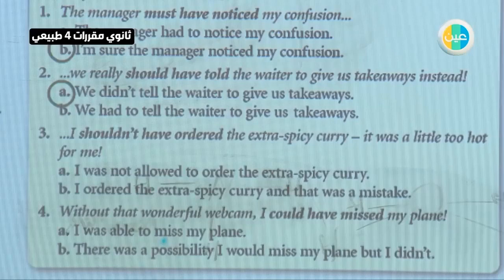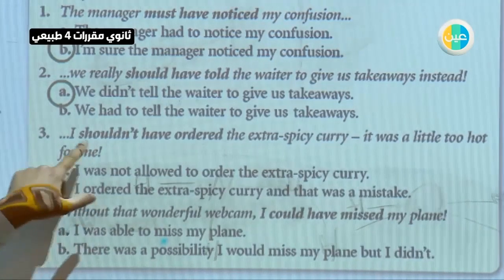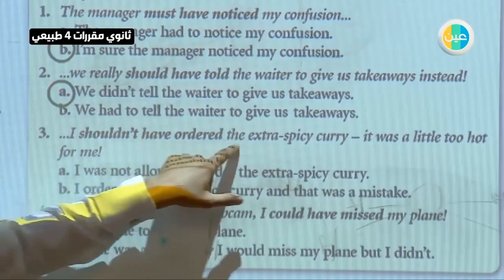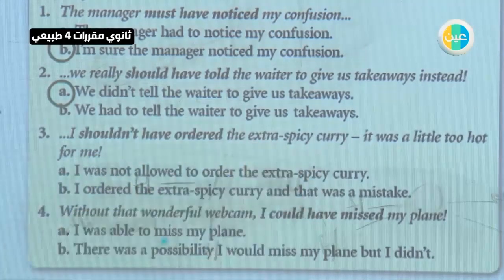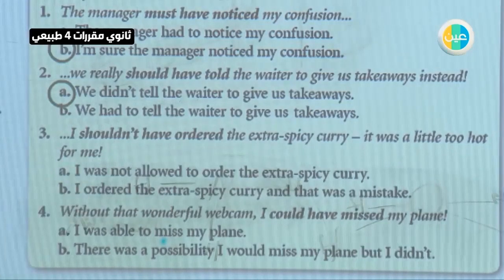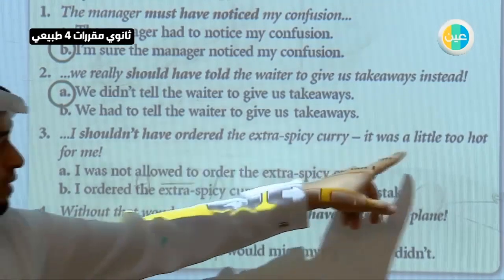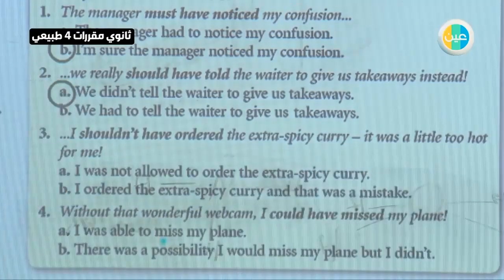Ordered is the past participle from the verb order. So he already ordered the spicy curry, and it was very, very hot for him.